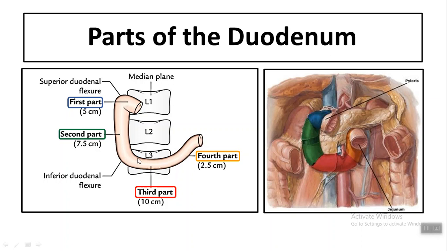The third, or the horizontal part, lies at the level of the third lumbar vertebra, the subcostal plane. And the fourth part, which is the shortest one, lies on the left side of the second lumbar vertebra and ends at the duodenojejunal junction.